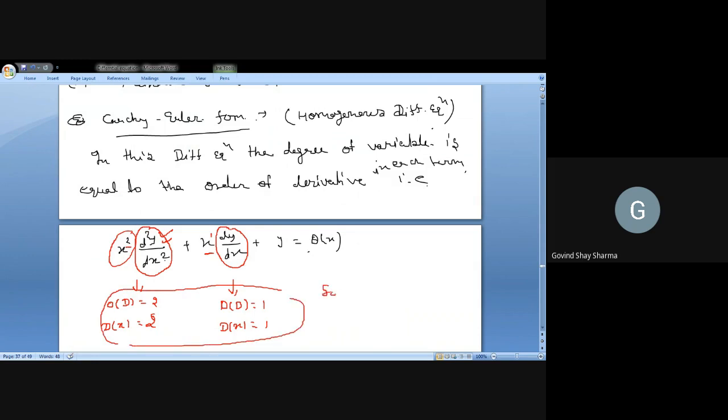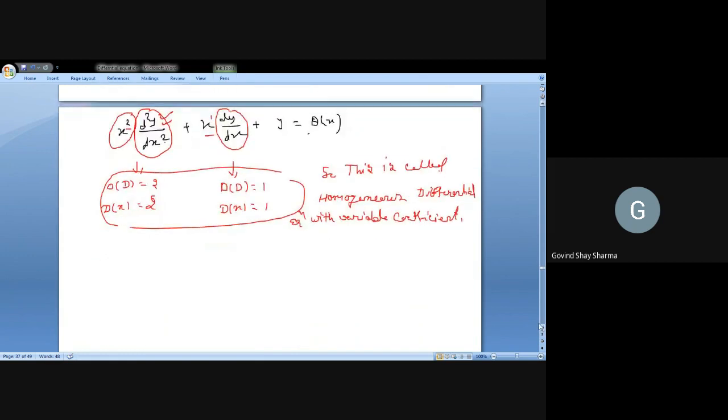So this is called a homogeneous differential equation with variable coefficients.